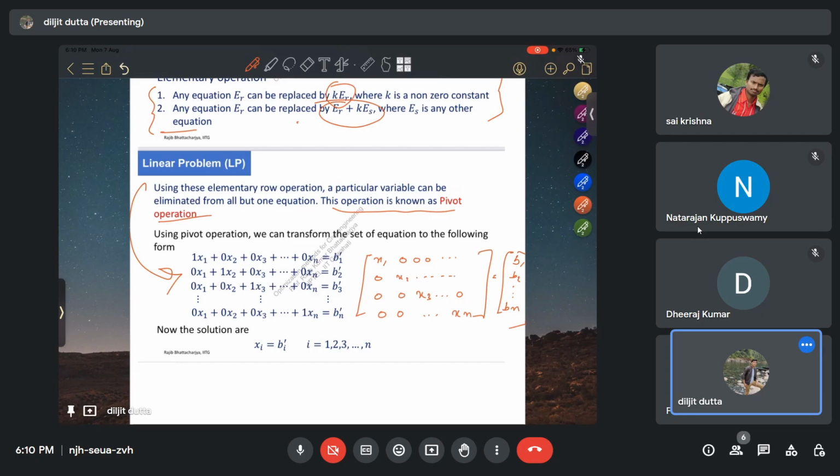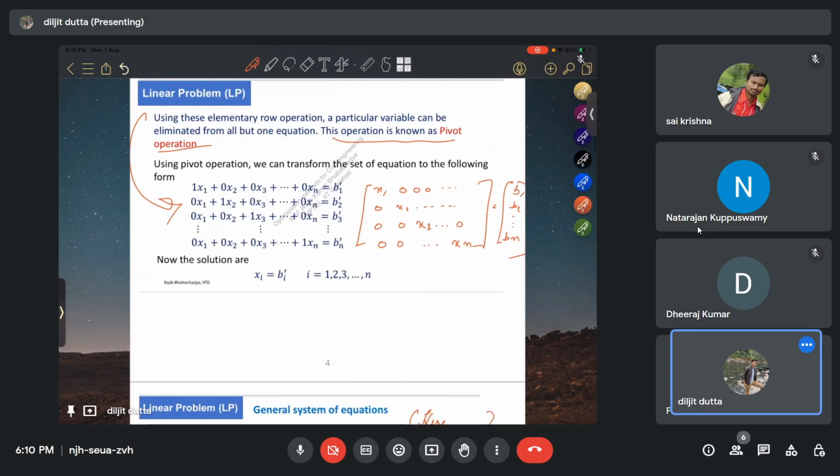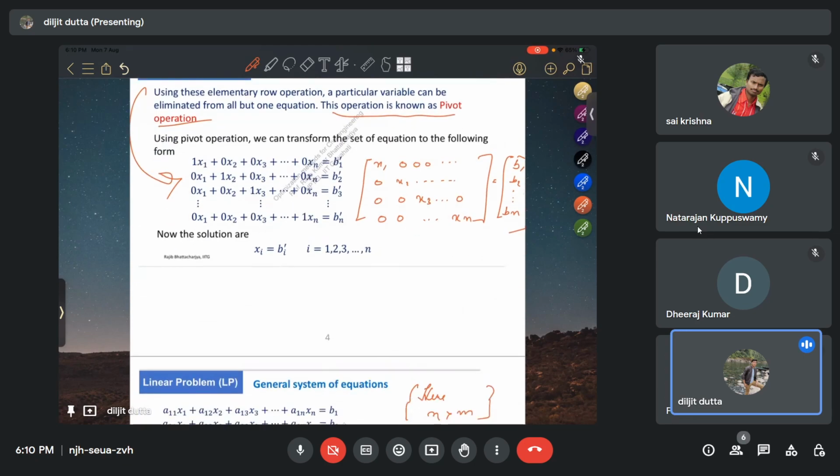This changing of a linear set of equations to only one variable in one equation is called the pivot operation. In this case, for the first equation we have only x1, for the second equation we have only x2, and like that, and for the nth equation we have only xn.